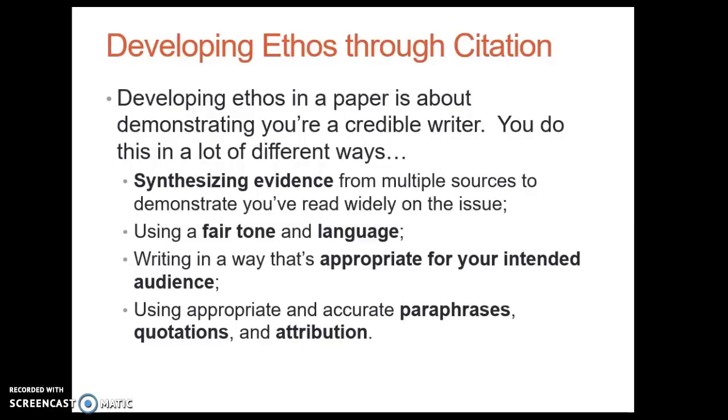You also do this by using a fair tone and language so that your writing doesn't come across as accusatory or condescending. Also, you do this by writing in a way that's appropriate for your intended audience, which is something that we've talked quite a bit about. And you do this by using appropriate and accurate paraphrases, quotations, and attribution, which is what we are going to focus on today.